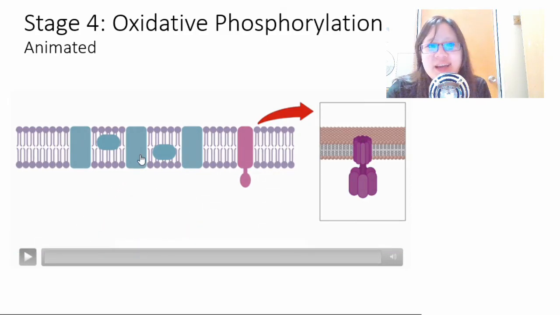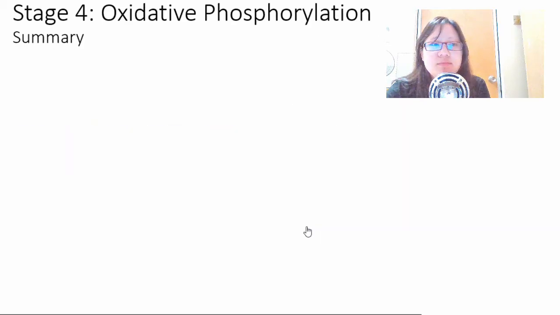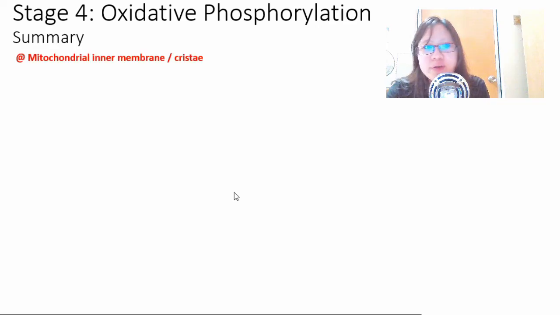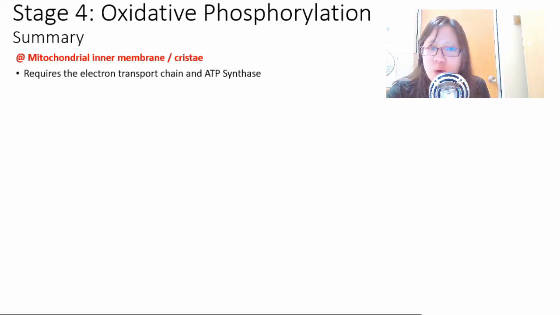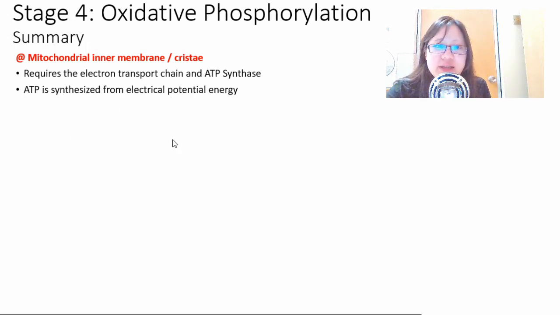And that is oxidative phosphorylation. So, summary so far: it happens in the mitochondrial inner membrane, requires the electron transport chain and ATP synthase, and ATP is synthesized from electrical potential energy.